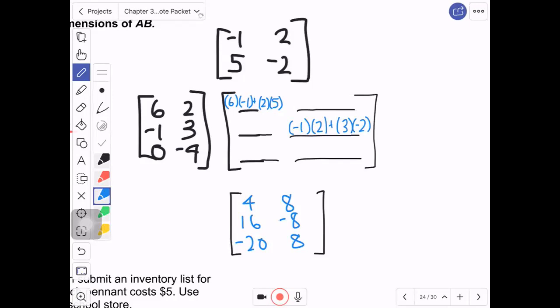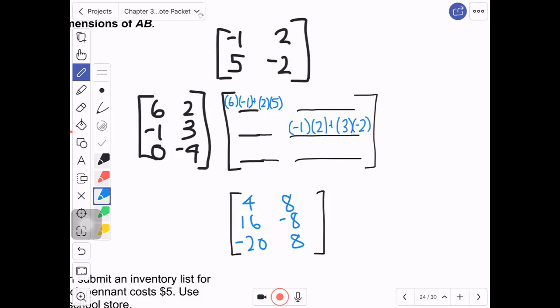So we'll do a little bit of a refresher. So whatever rows line up with the spot you want, those are what rows and columns you're going to multiply together. So for this spot right here, it lines up with our first row in our first matrix. And what column does it line up with in our second matrix, the first or second?